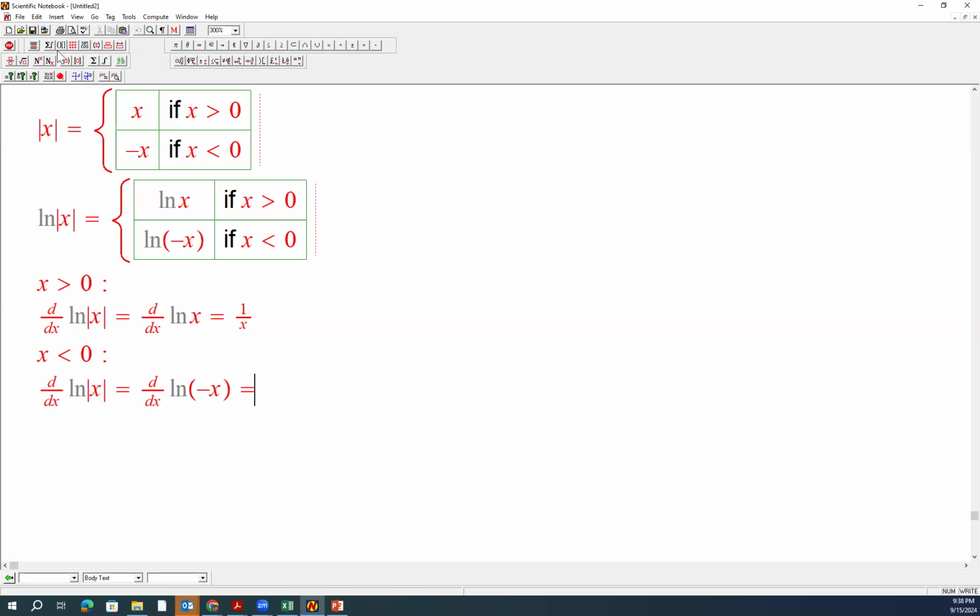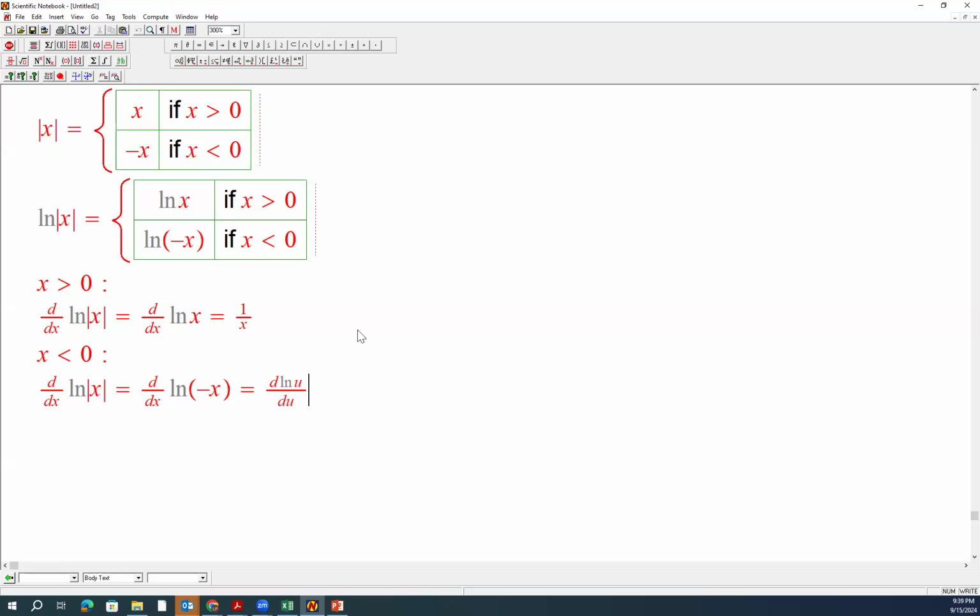And we don't have to go by the chain rule. So this is ln u, where u is negative x.